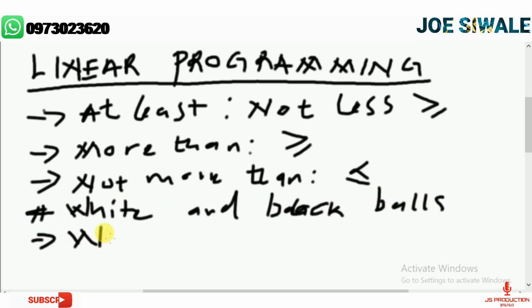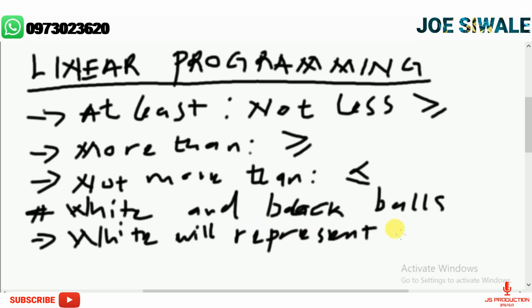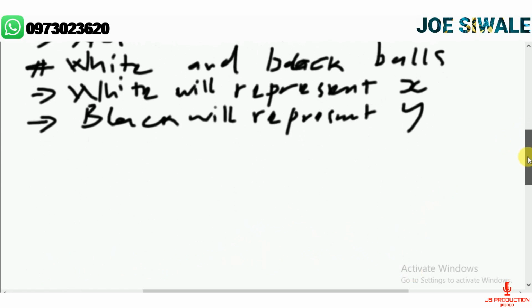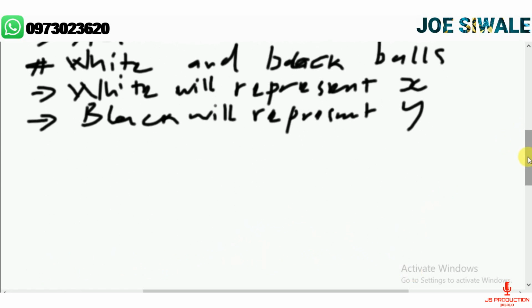And if we take into consideration that white boards will represent x, and the black boards will represent y. Let us write some of the inequalities from these particular situations.